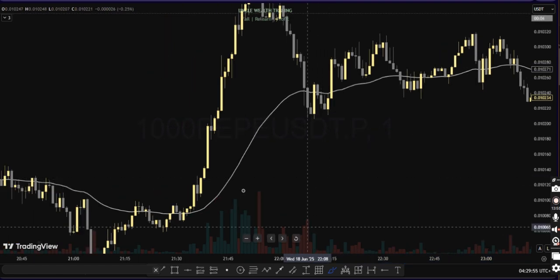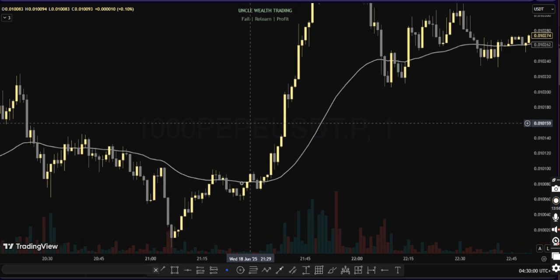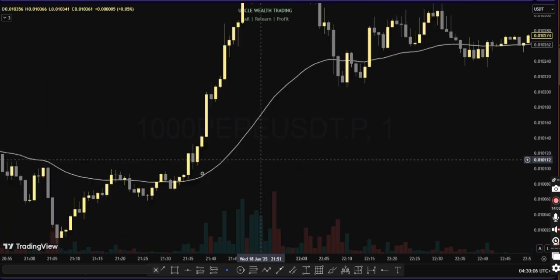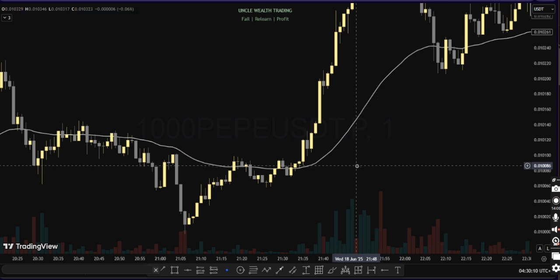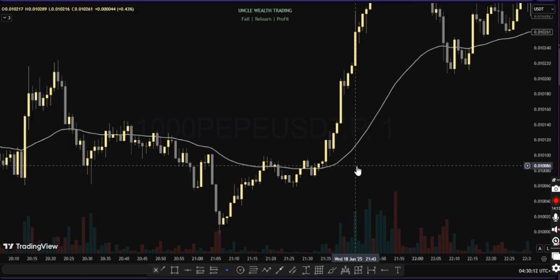So when the move is strong, there's going to be a roughly 45 degrees pull away from the candlesticks. If it's from the bottom, you know it's an uptrend. If it's from the top, you know that it is a downtrend.